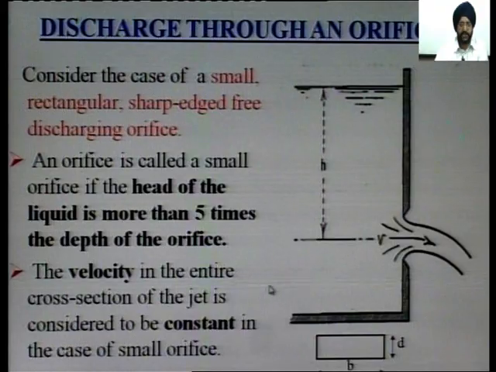Secondly, the velocity in the entire cross section of the jet is considered to be constant in the case of small orifice. We often assume that this velocity v is constant in the case of especially the small orifice, not in the case of large one. So, we consider the velocity as constant.